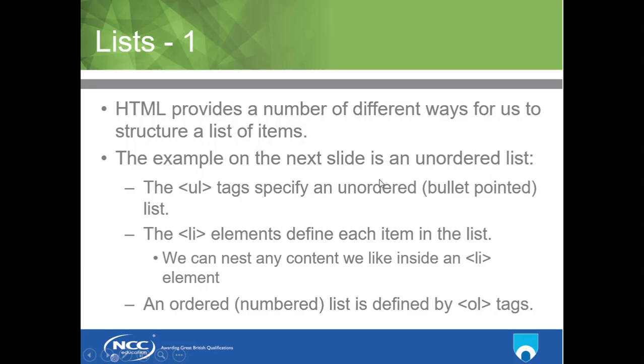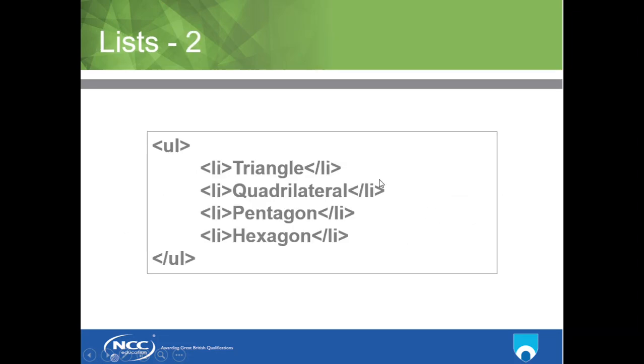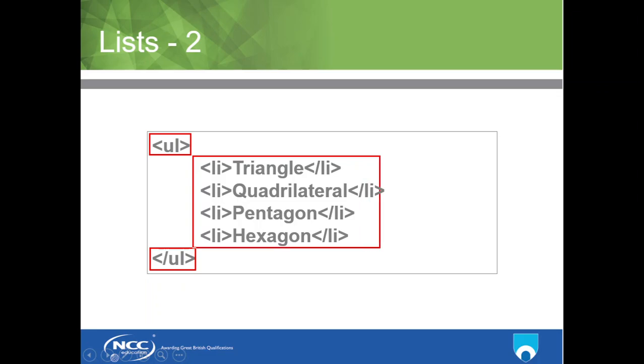Okay, so this is an unordered list. How to do an unordered list? You use the UL element, UL for unordered list. Then you have to close it, you have to close the list like that. After that, inside you use elements that are called list items, LI.